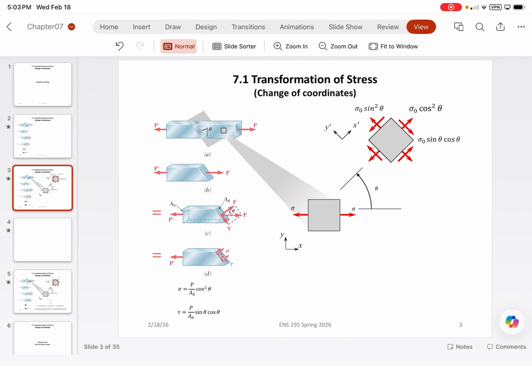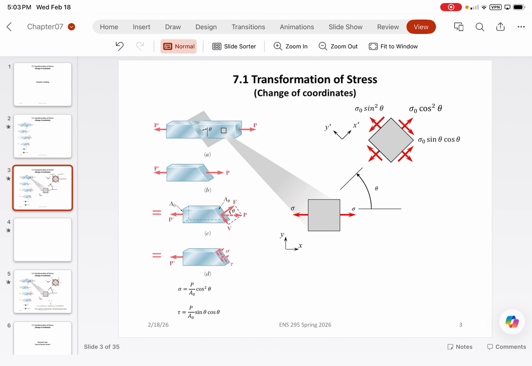And so what we ended up doing is we looked at a very small point in that entire element, and we basically broke down the stresses into three separate categories. There is a stress in the x direction, a stress in the y direction, and then a shear stress.